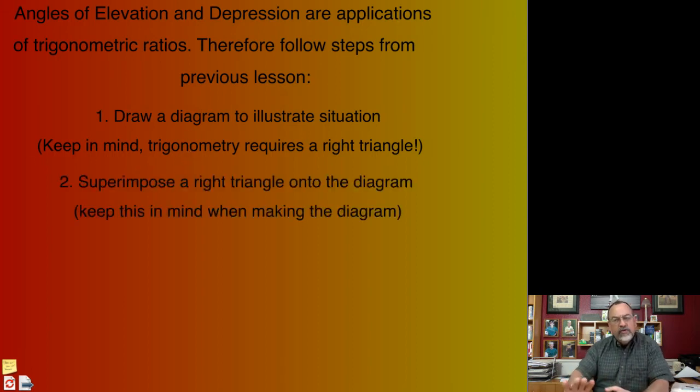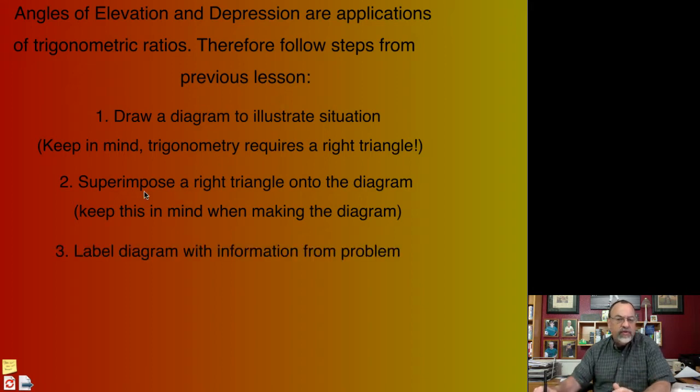Once we have the triangle drawn and the sides labeled, then we can determine which ratio we want to use. So labeling the problem and drawing the diagram, that's the key part of this lesson. The trigonometry, hopefully we have in hand because we've done those in the previous two lessons.